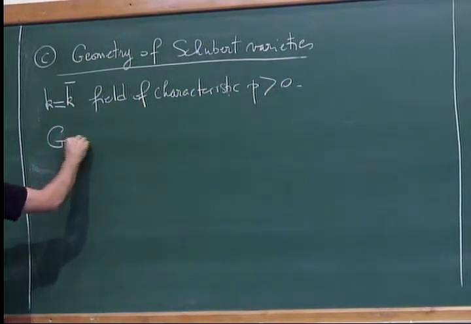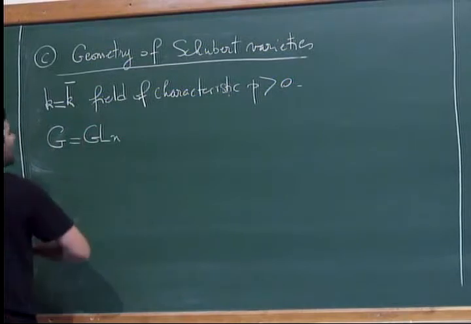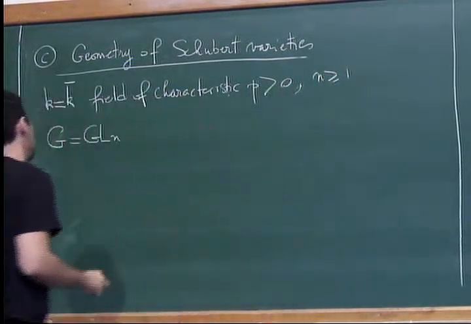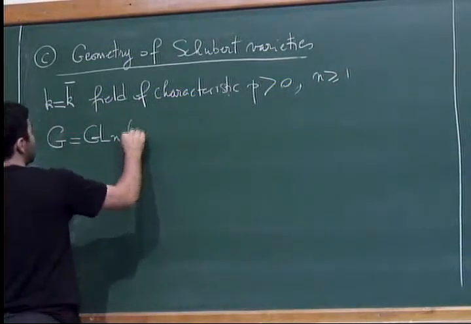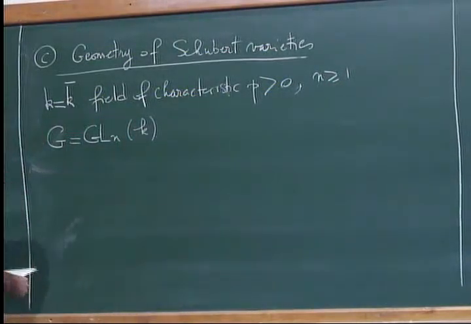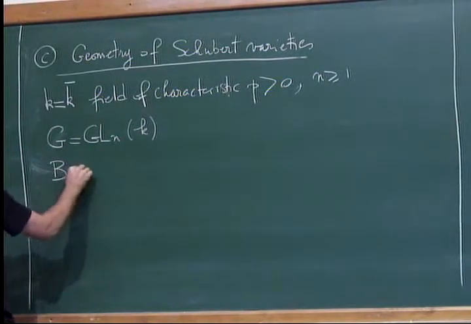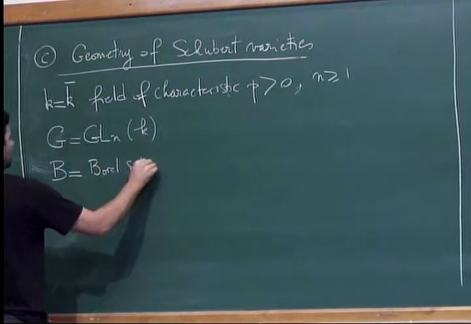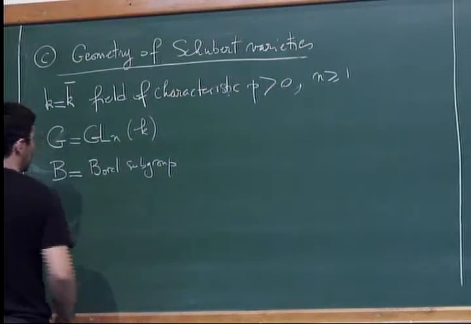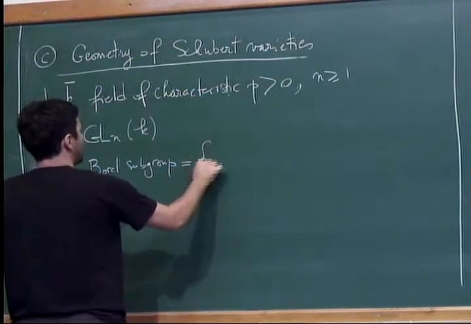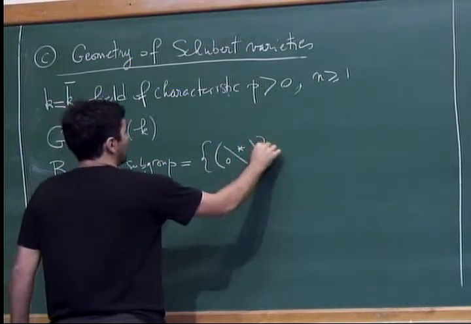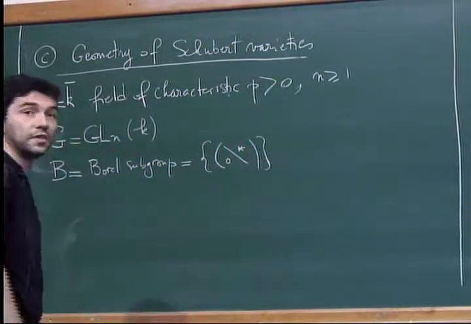So for today the group is G = GL_n, so n greater or equal to 1. Set B a Borel subgroup of G, so you may take here the triangular upper matrices.